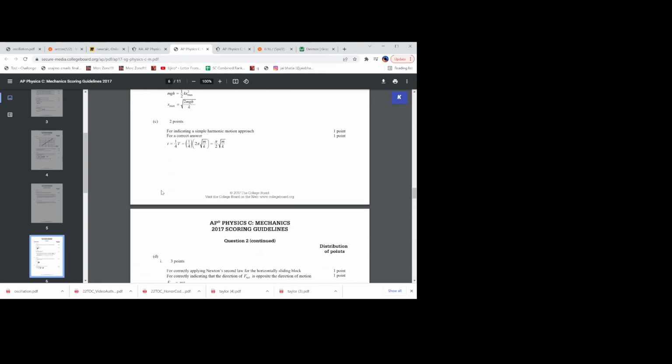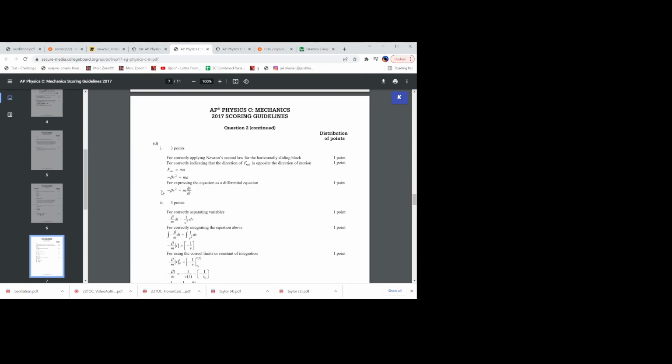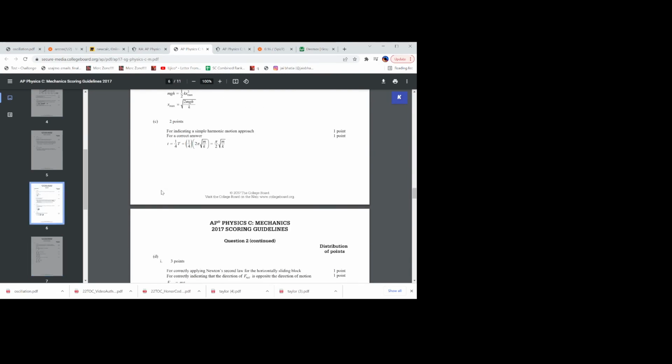Yeah, okay, whatever. Simple harmonic motion? Wow. Okay, that is something I did not expect. I will say, that is something I did not expect. T is 1/4. Why is it 1/4?